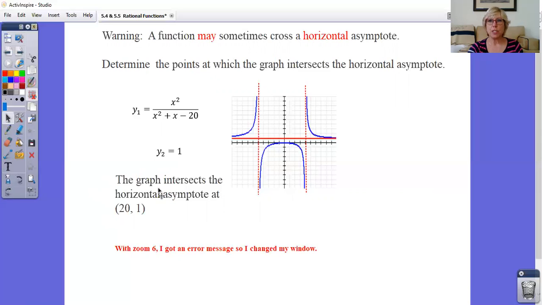And I did intersect. Second calc 5, enter, enter, enter. And it gave me an error message. And you guys know that when that gives you an error message, your screen is not big enough. So I changed my window, and I think I went something like -50 to 50. And I intersected again, and I found that this blue curve is actually touching the horizontal asymptote way down here at the point 20, 1.